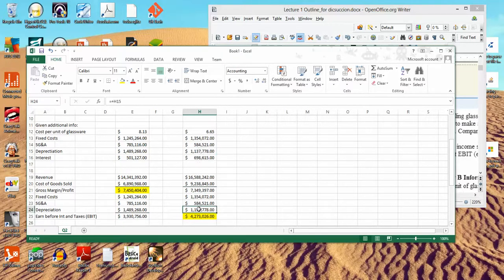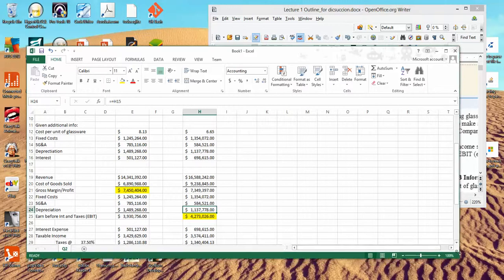Notice there's no interest and no taxes, and that's why they call it earnings before interest and taxes. I notice that while A has a better profit margin, B is more profitable and able to keep non-product or service expenses low, having higher earnings before interest and taxes, basically lower overhead.